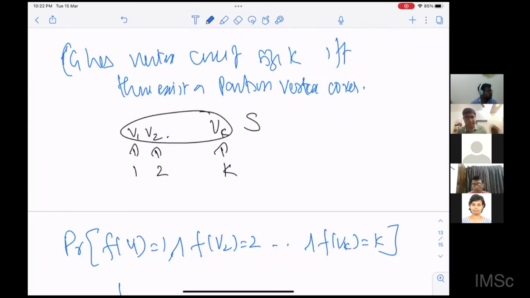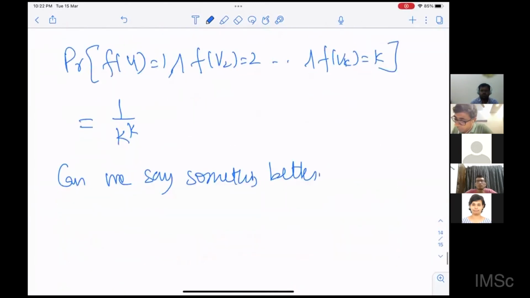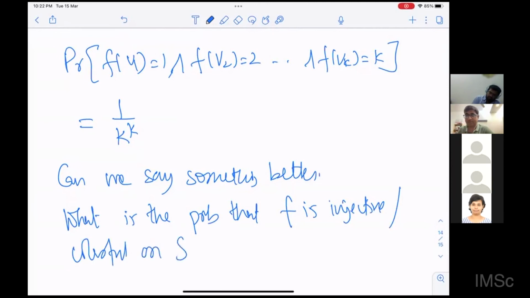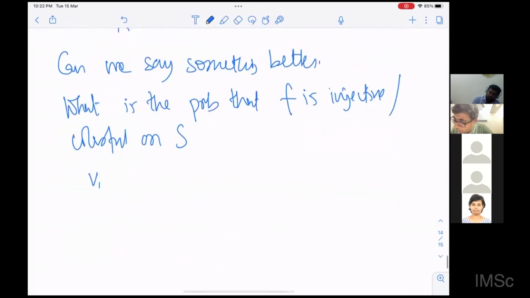Right? What is a good event? Rather, let's say, what is the probability that f is injective, rather colorful, on S? Okay. So look at v1, v2, ..., vk. How many choices of colors can we have? k. How many choices of color does v2 have? k minus 1. And so on. So what is this? k factorial.